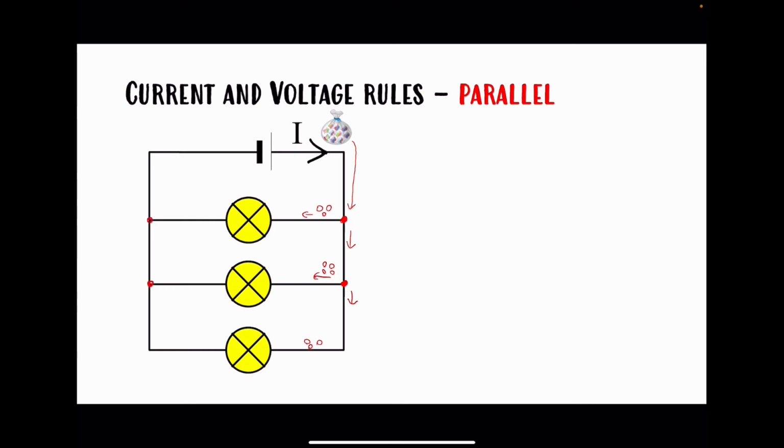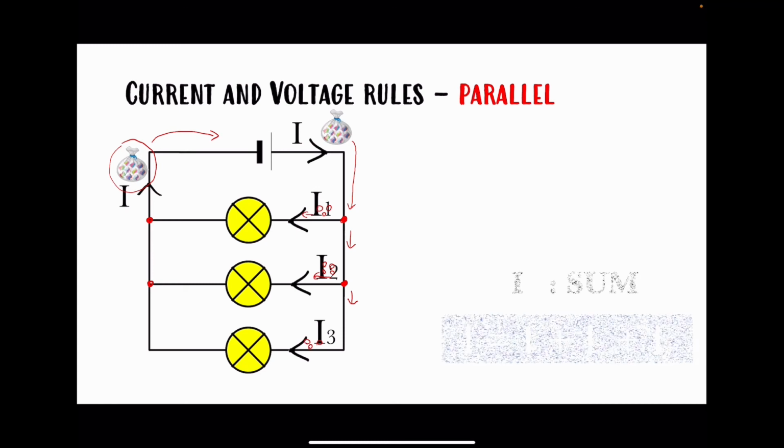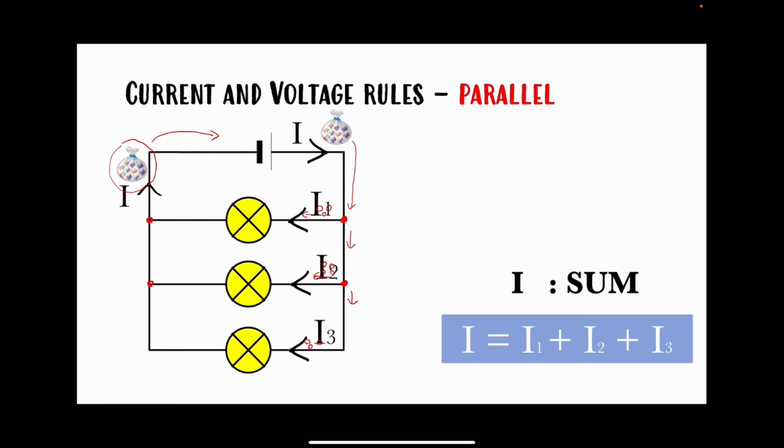But at some point, they will all meet again and return back to the battery. And so we say that I for parallel is the sum of the current flowing through each branch.